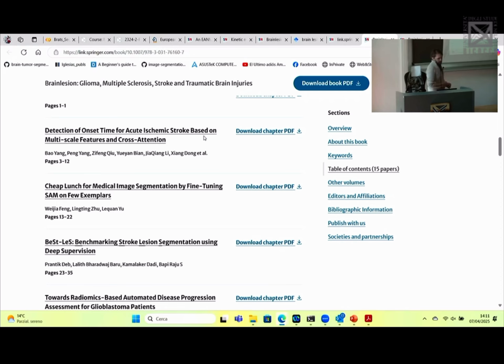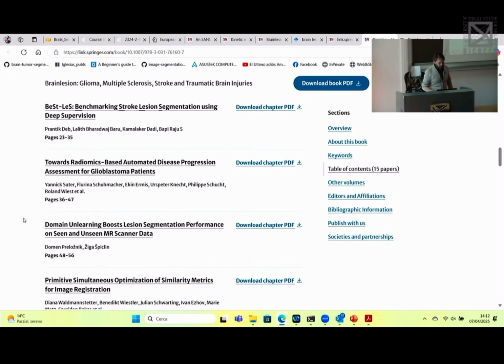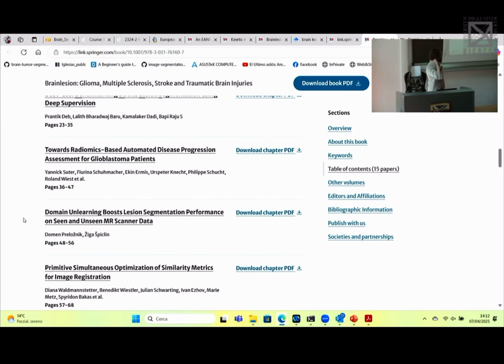And in this collection, they mostly describe algorithms for segmentation, so it's mostly about training strategies, dataset selection, transfer learning, and other strategies that they have. You can find some very interesting papers there.